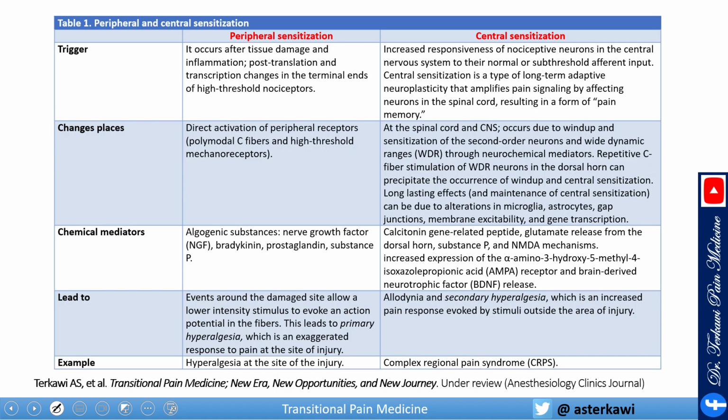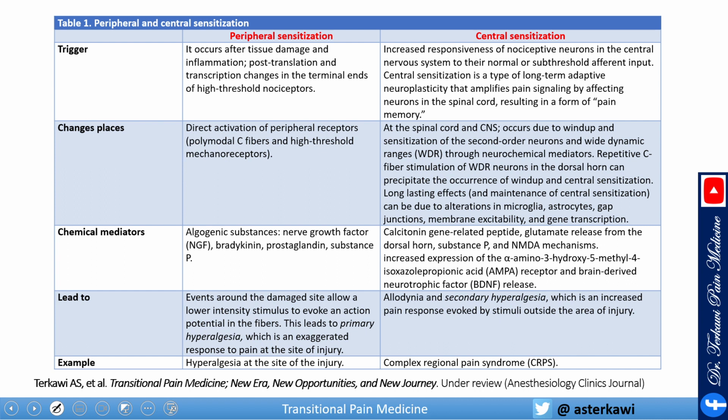This busy table compares in depth peripheral sensitization and central sensitization: what triggers them, what kind of changes can occur, what chemical mediators, and what they can lead to. We'll not go into detail for the time here.